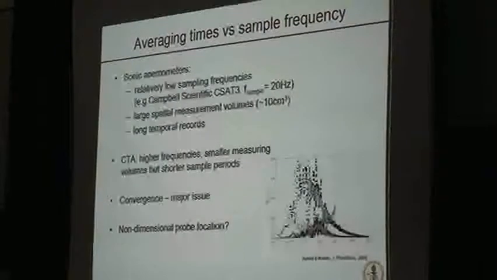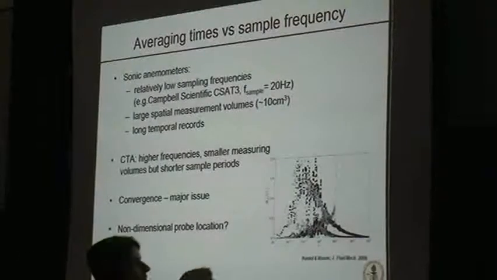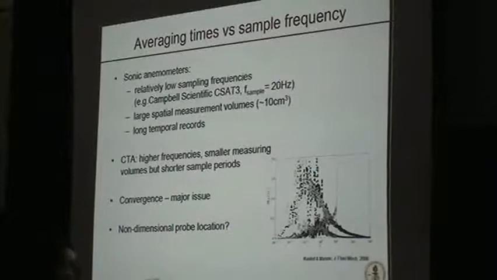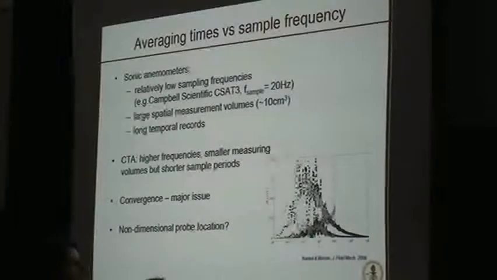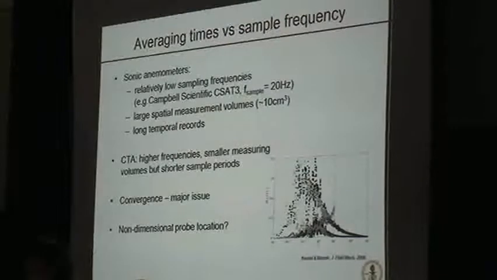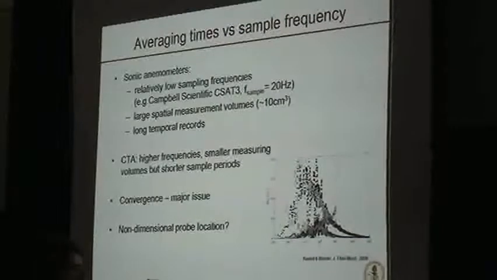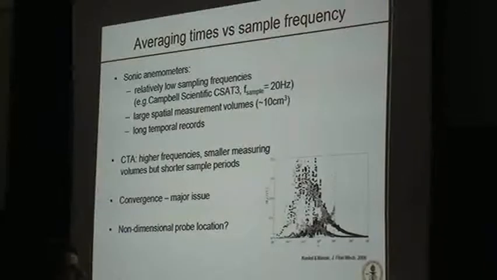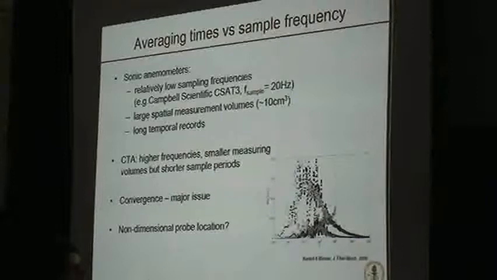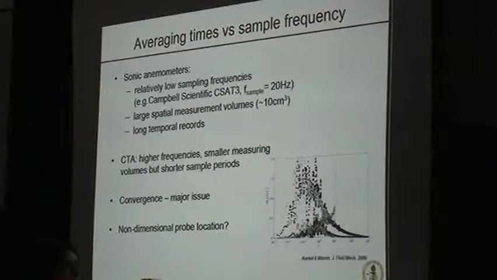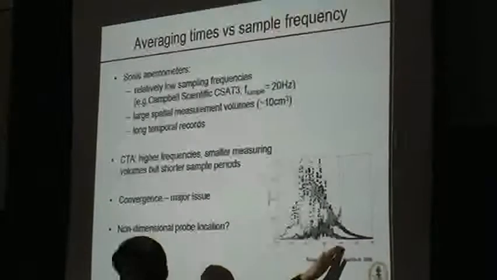So here's a plot from Kunkel and Marusic, also in your reference list, and this is the pre-multiplied spectrum, just as Philip showed you yesterday, f phi of f, for the streamwise velocity component. Here's the frequency. The grey is the sonic anemometer record, and the black line here is the Nyquist criterion for the sonics.